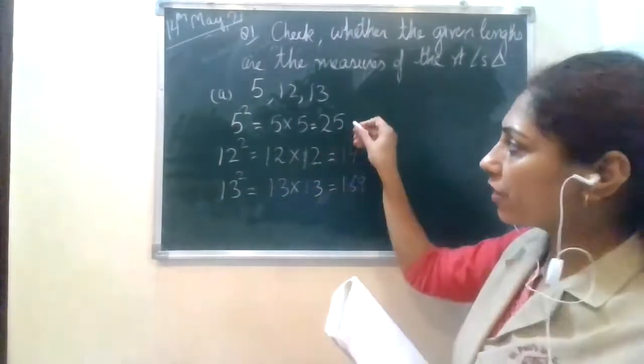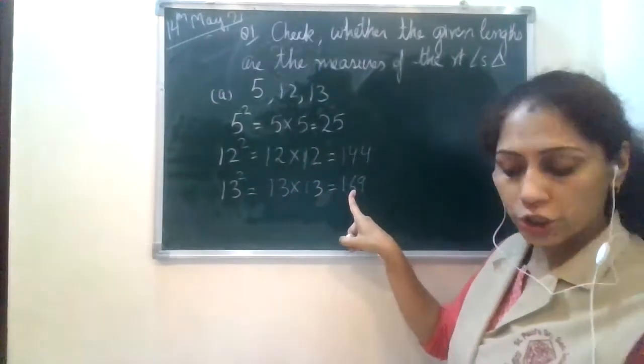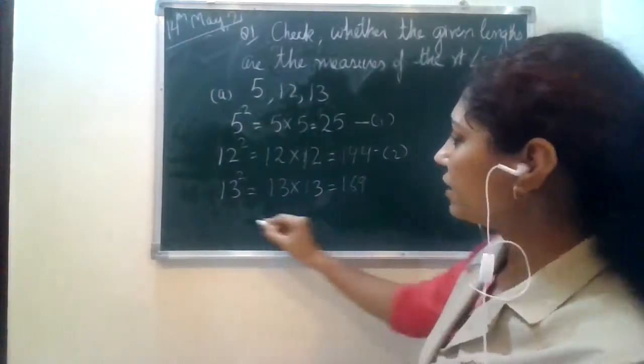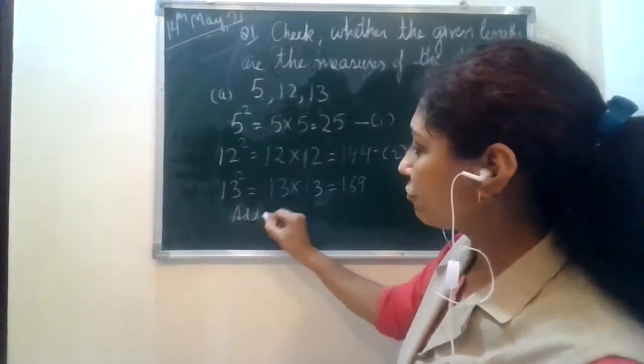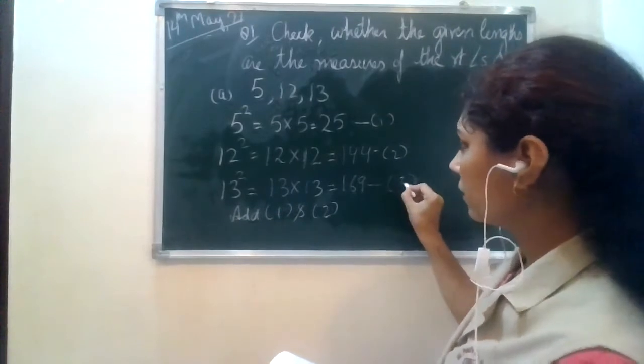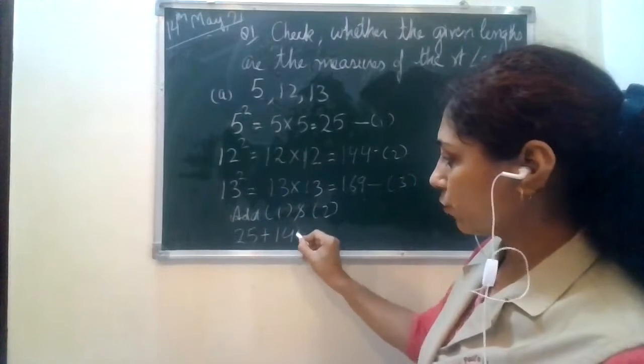Now we are going to check whether the addition of the first two results will come out to be equal to 169 or not. So we will add the first and second; this is the third. This is 25 plus 144.